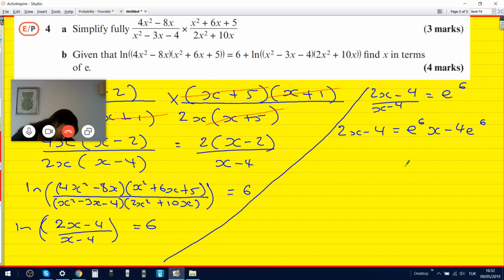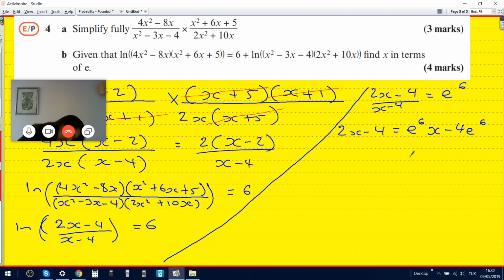Oh, how do you do that? So I would expand the e to the 6 bracket. Okay, so e to 6. Was it x e to 6 then? Yep.